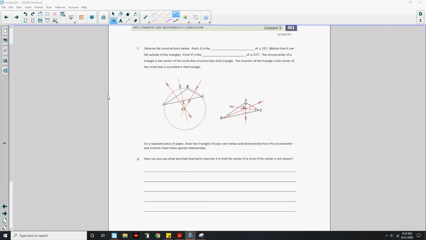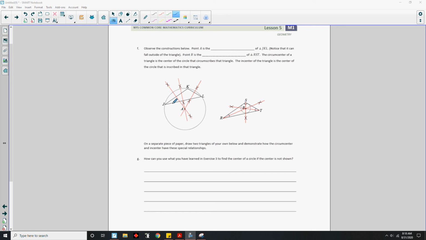Okay, page 4 brings us to this diagram F. And it says to observe the constructions below. So looking at point A, they're talking about this point here. And it says point A is the blank of triangle JKL. So if you look here, this red segment is the perpendicular bisector of KL. This one is the perpendicular bisector of side JK.